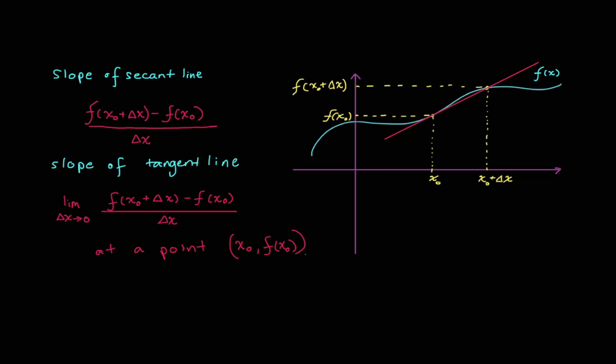Okay, so this is the slope of our tangent line at this point. And this also has another name, so this is the definition of the derivative at a point.